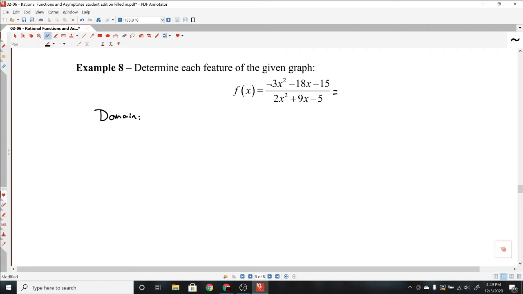So here we go. Up top, we have a common factor of negative 3. It leaves me x squared plus 6x plus 5, which factors 2x plus 5 and x plus 1. The denominator, no common factor. So we're going to have a 2x and a 1x, and that's going to be a plus 5 and a minus 1.